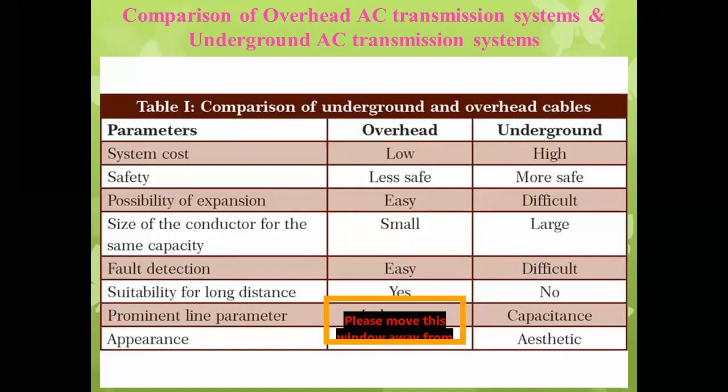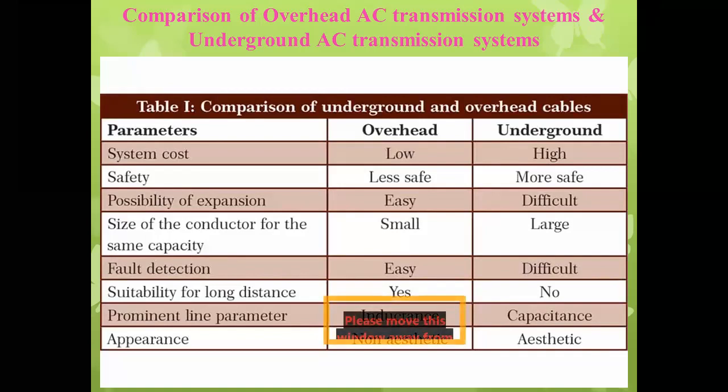Possibility of expansion is easier in the overhead system than in the underground system, because we can easily expand an overhead system, but in an underground system it is somewhat difficult.